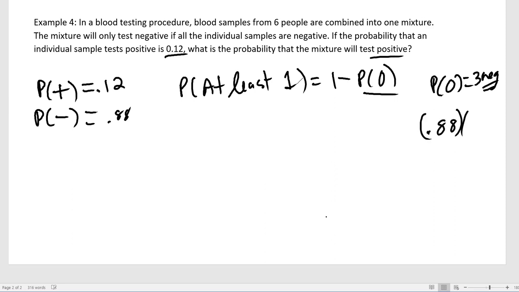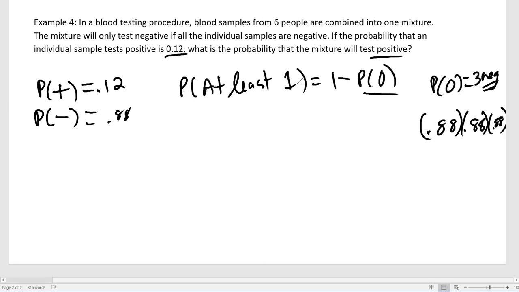What's the probability the second one's negative? And you're like, wait a second, last time that changed. We talked about this in the last section, right? If we're dealing with a huge population of people, these probabilities change so insignificantly that we just leave them the same.